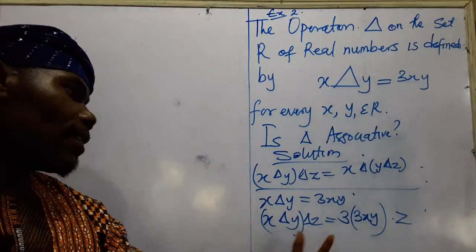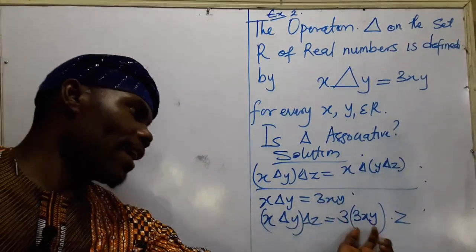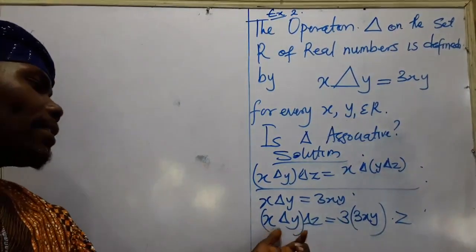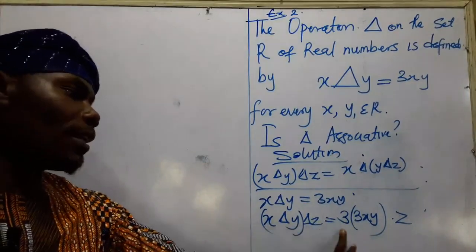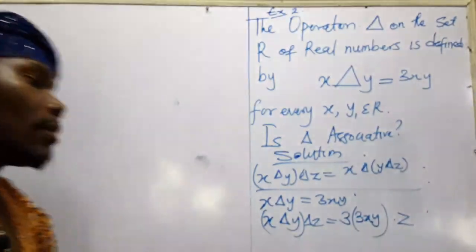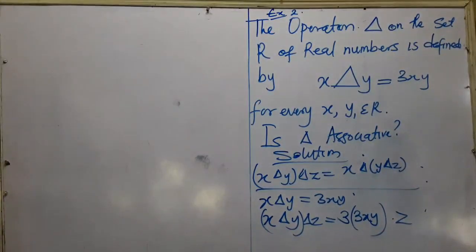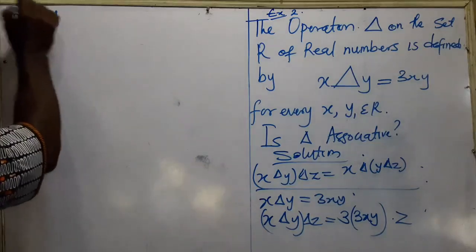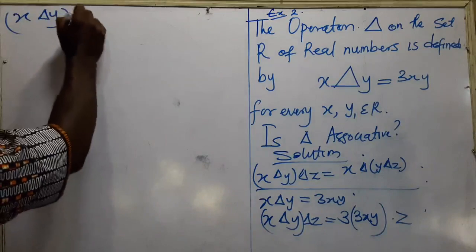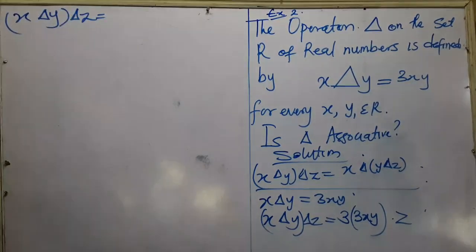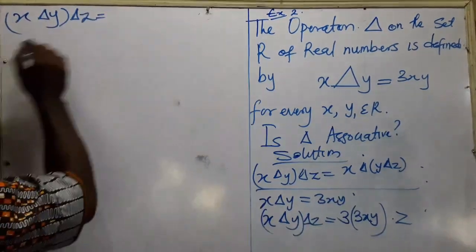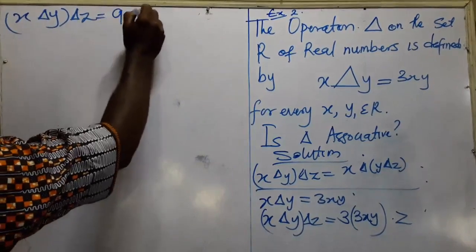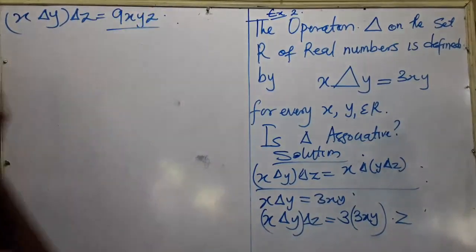So x operation y operation z will be 3 onto 3xy dot z. Therefore x operation y operation z will give us 3 times 3, which is 9xyz.